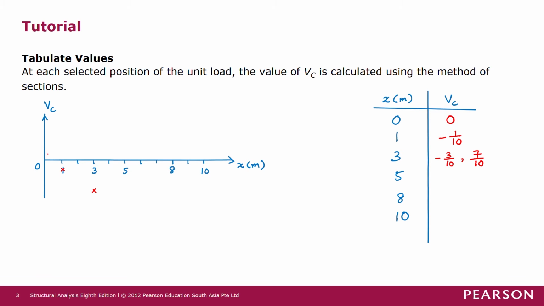In this case, we can plot this line here, which is a straight line. And then at 3 meters here also, we have another shear force value, which is 7/10. So 7/10 is somewhere over here.